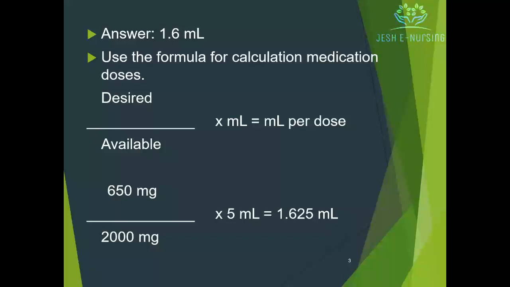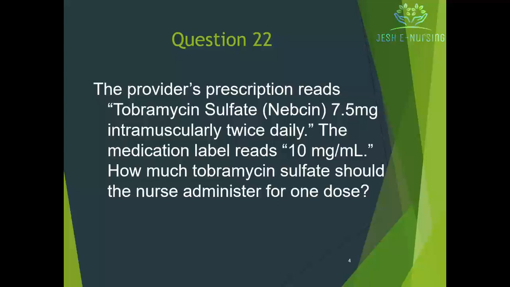The available dose is 2 gram, and 2 gram is equal to 2000 mg. When you put it into the calculation, you will get the answer as 1.625 ml. Okay, let's move on to the next question.